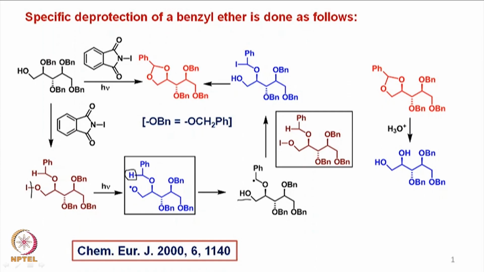So it means that we started with a monohydroxy compound having 4 types of benzyl oxy ethers, and eventually we get a diol with 3 benzyl oxy groups intact. So this is how a specific deprotection of a benzyl ether is done using hypoiodite based chemistry under photolytic conditions.